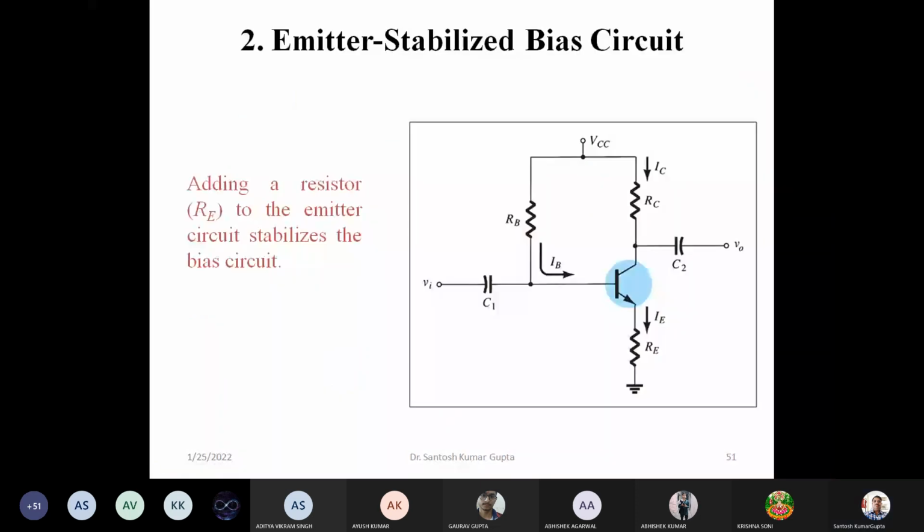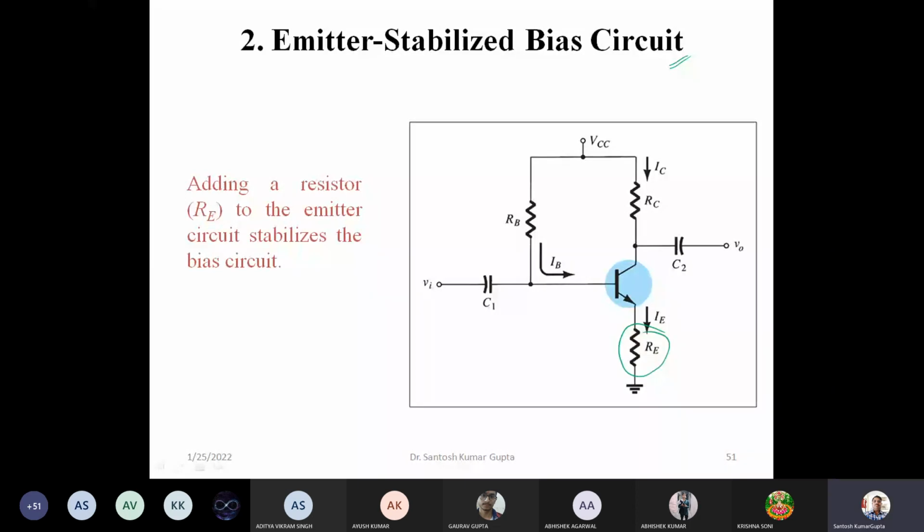Another biasing circuit we have is called the emitter stabilized bias circuit. In this, we add a resistance in the emitter.